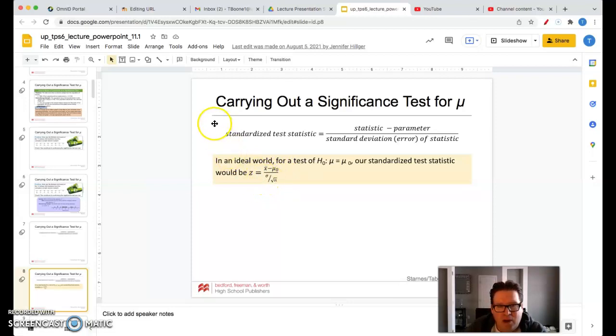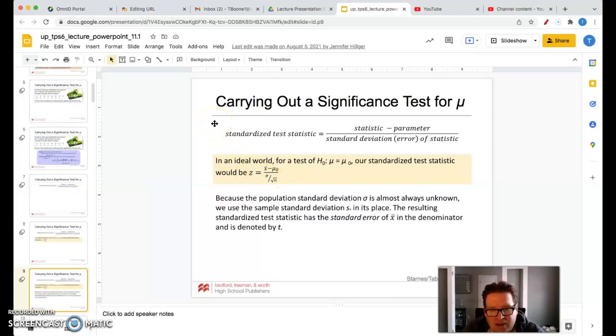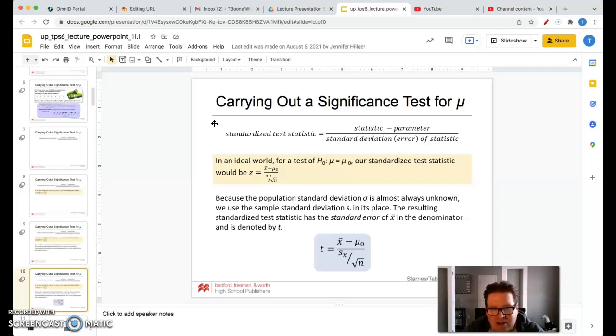Well, one issue that we have with that, of course, is that the population standard deviation is almost always unknown. So we're going to use the sample standard deviation in its place. Now the resulting standardized test statistic has the standard error of the mean in the denominator, so we're going to call that t. That's the difference there. So because of what we use there, we're going to say that's the t statistic. That's the one that we're going to look at.